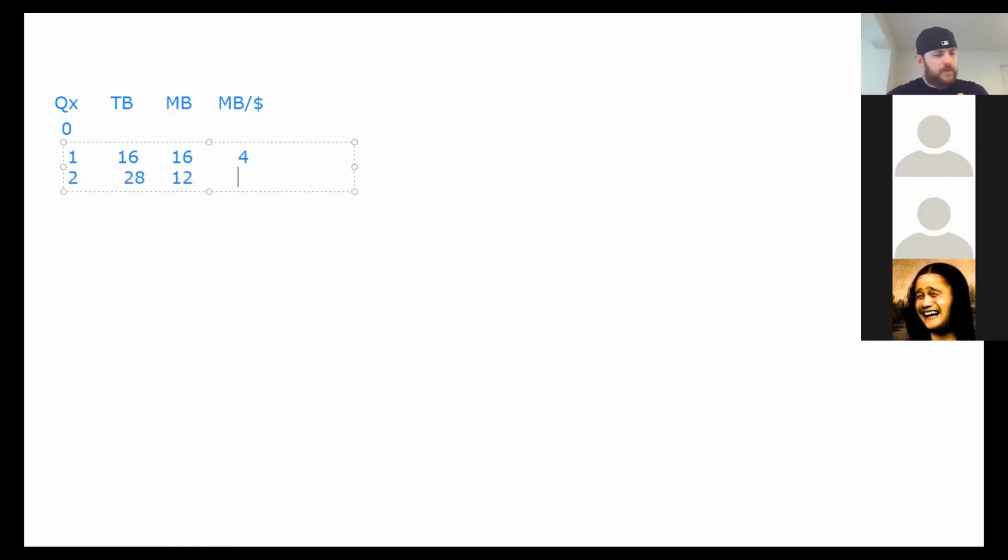Marginal benefit per dollar spent is 3. So this is 5.